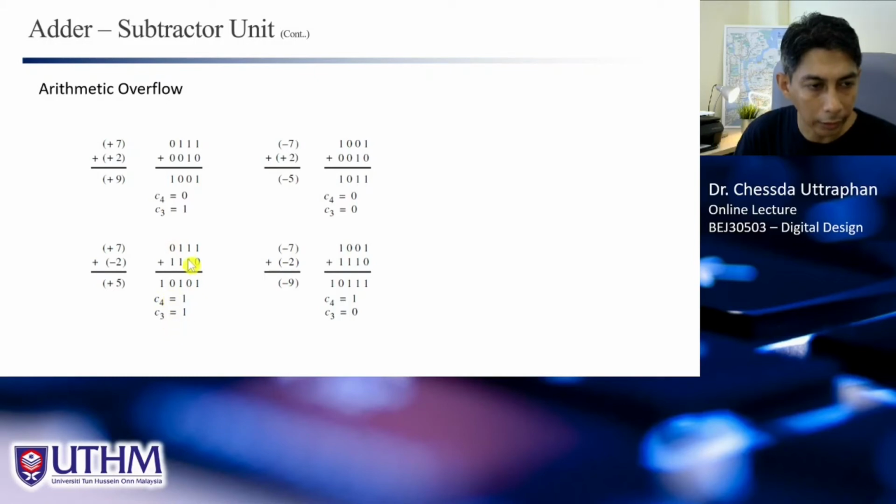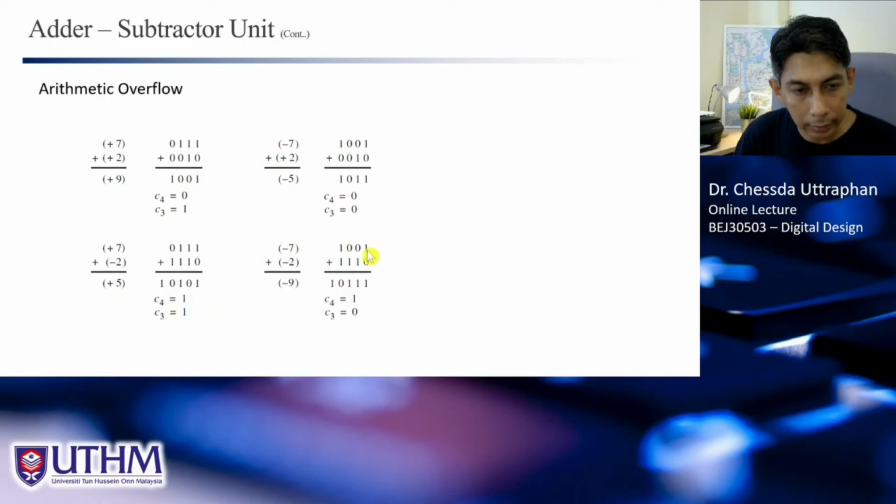C3 equal to 1, and 1 plus 1, we have 0, and C4 we have equal to 1. So in this case, we don't have any overflow also, okay? And this is because the result is within the range. So no overflow in this case.